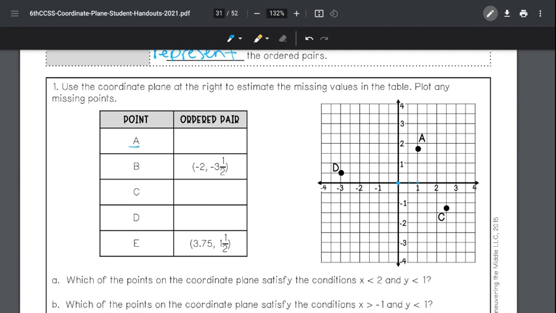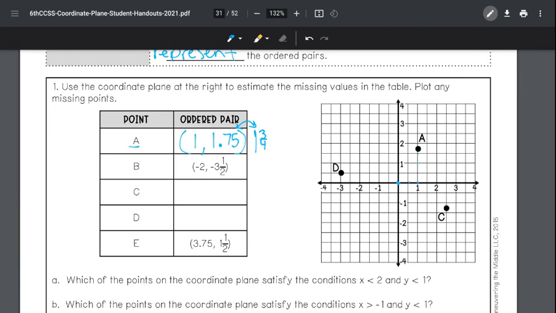So, point A, I'm going to start at my origin, and I'm going to go 1 unit to the right, and I'm going to go 1 unit up, and then 1.5, and in between 1.5 and 2, you should see 1.75 or 1 3/4. I'm okay if you put the fraction or the decimal for the y. You just pick which one you want to put.